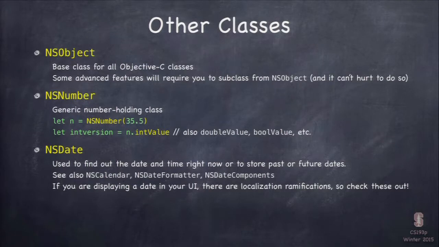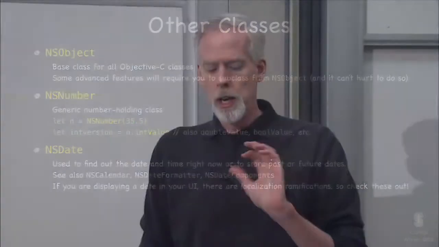Different calendars, even different languages. The order of the month, day, year, even if you're using the Gregorian calendar, is different. So dates are tricky to get right if you want to build an app that can work around the world. Okay, so I'm just kind of warning you, if you're going to build an app like that someday, you want to really understand date and all its friends here.